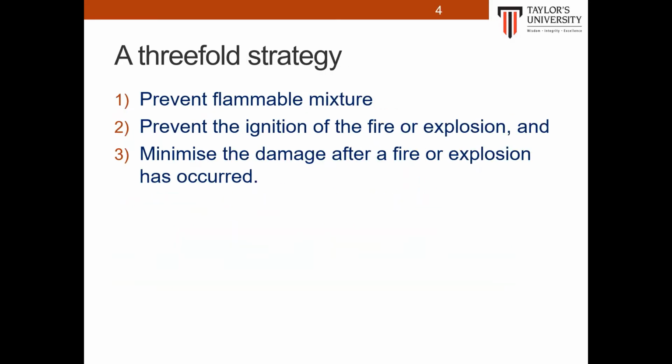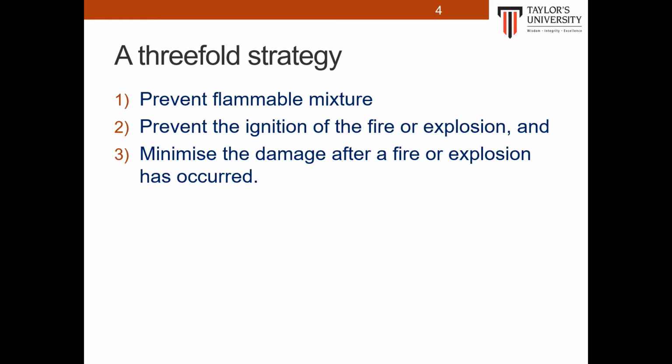There are three main elements that we cover in this chapter. First is to prevent flammable mixtures by reducing the flammability, meaning we keep the chemicals or mixtures of chemicals either below the flammability limit or above the flammability limit so that they cannot burn.